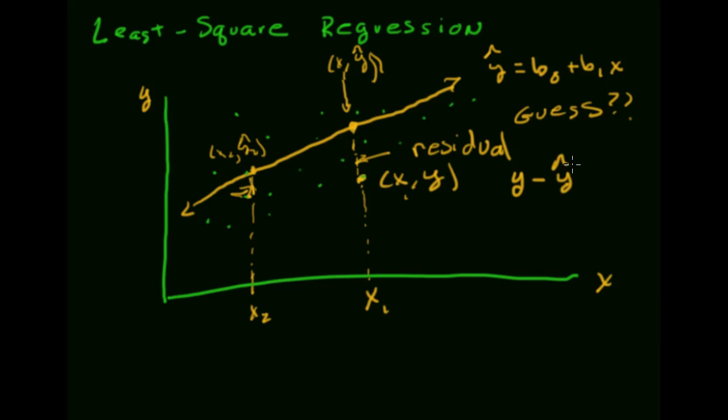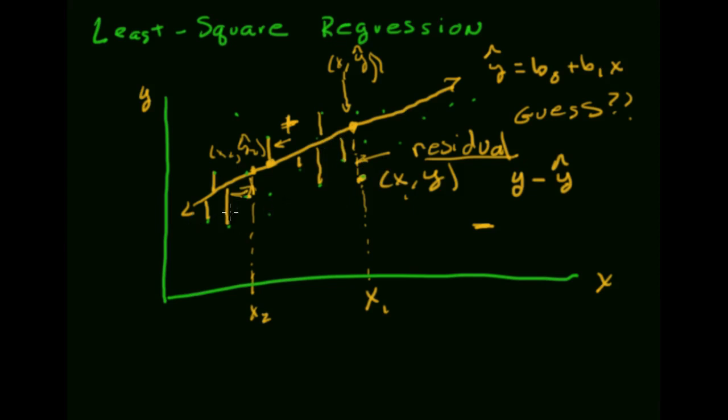So if my data point is below the line of prediction, the residual is going to be negative. This data point happens to be above the predicted value, so its value is going to be positive. Each of these data points is giving me a different residual value. That one's positive, that one's negative, that one's negative, there's a positive, so a whole bunch of residuals.